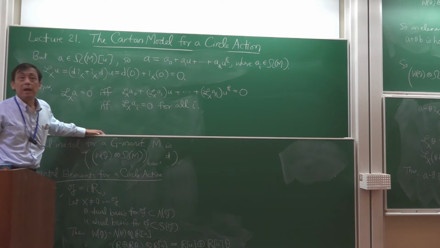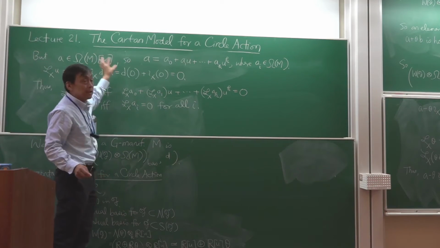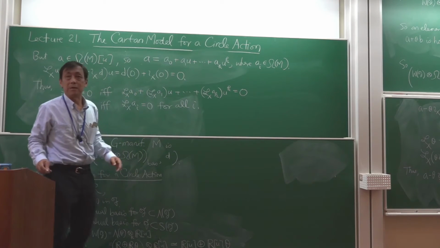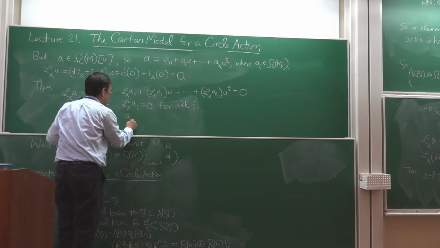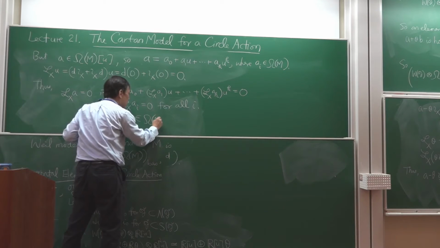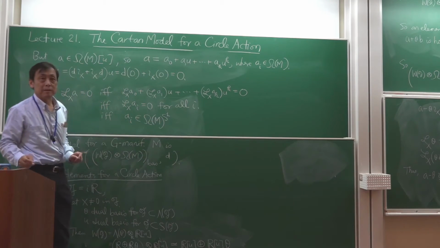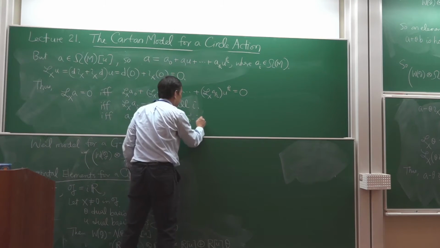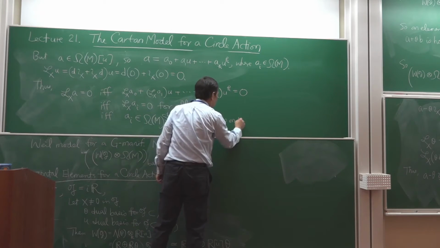Okay. And so what this says is that A is invariant under S1 if and only if all the coefficients A_i are invariant under S1. Okay? These are the S1 invariant forms on M.